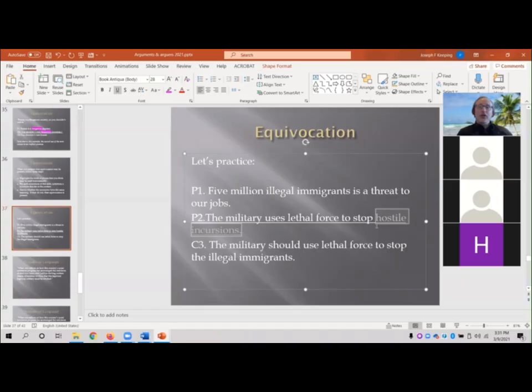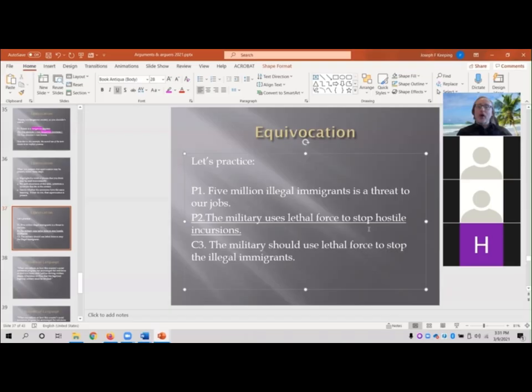Hostile incursions is a substitute which is supposed to have the same meaning as invasions in the second one. Do they mean the same thing? Does a threat to our jobs mean the same thing as a hostile incursion? A hint, I'm looking for no.